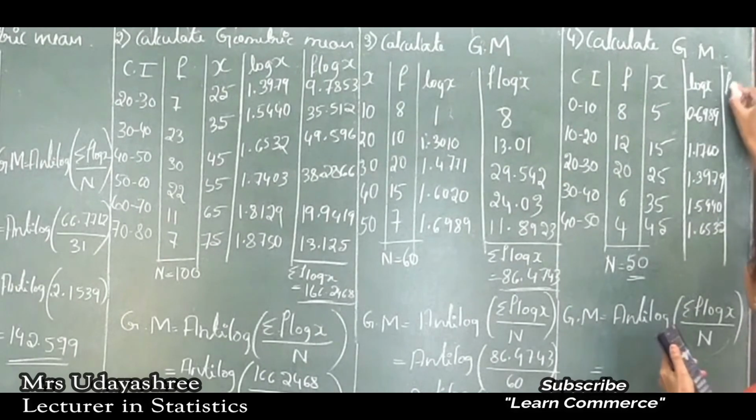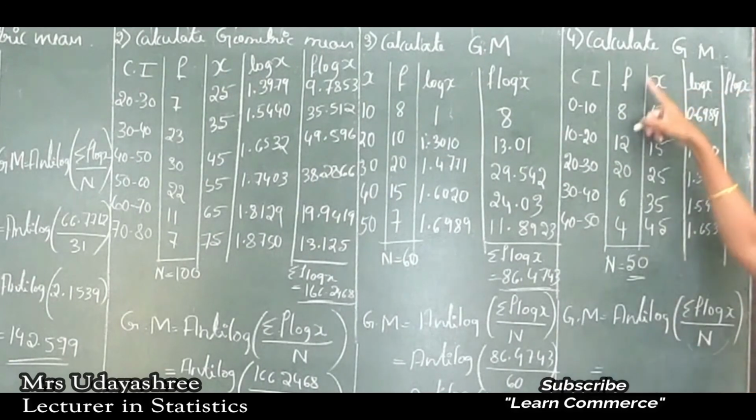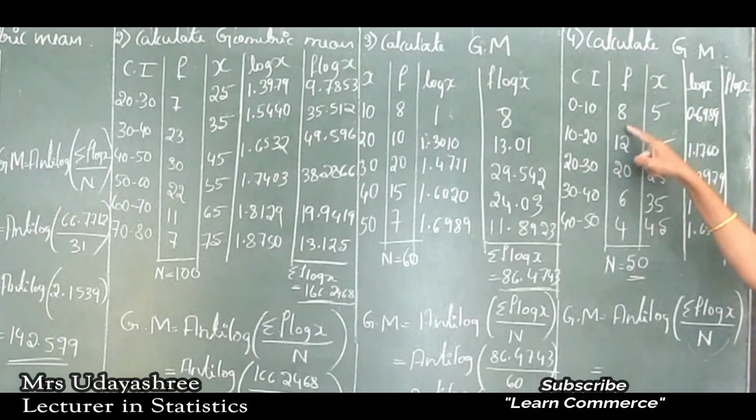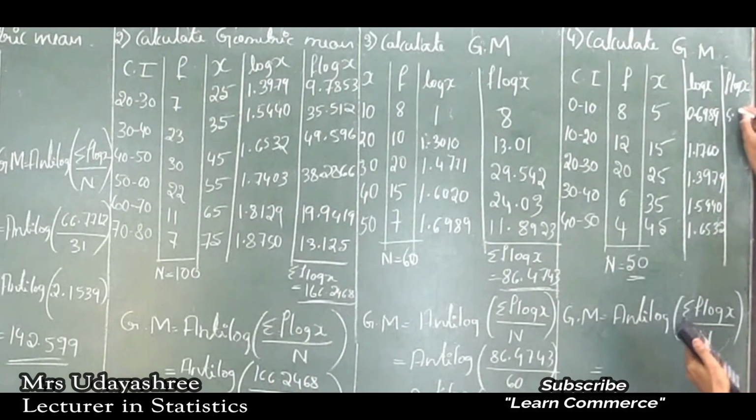So next column is f into log x. These are f observations and these are log x observations. The first f observation is 8, log x observation is 0.6989. So we need to do 8 into 0.6989, that value is 5.5912. Next f observation is 12 and log x observation is 1.1760, that value is 14.112.